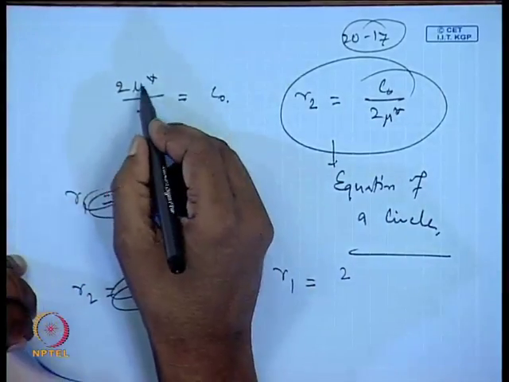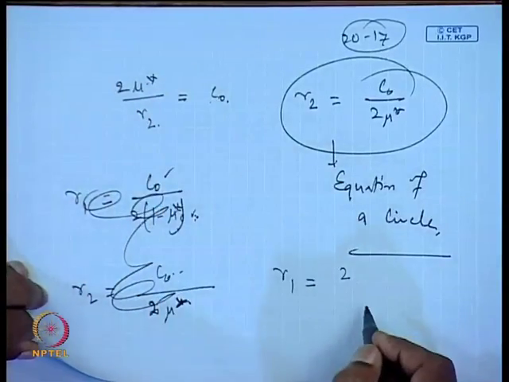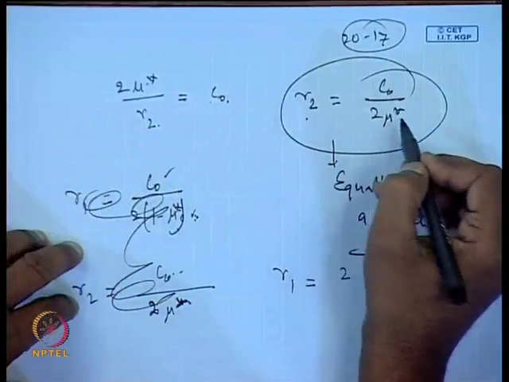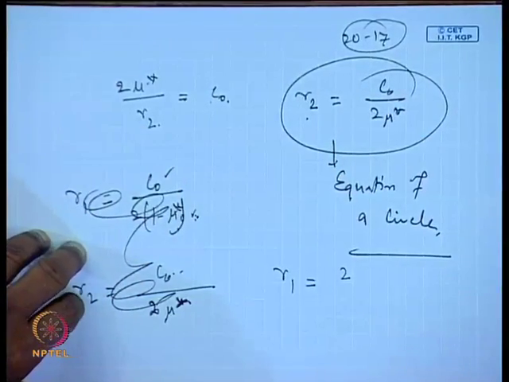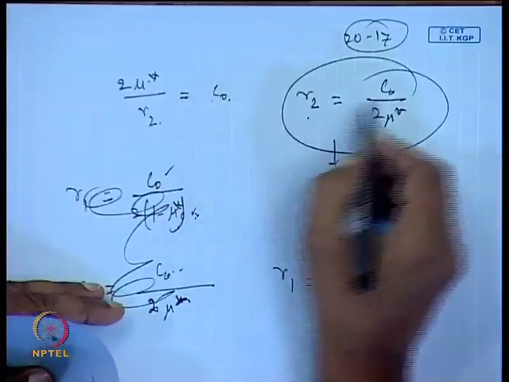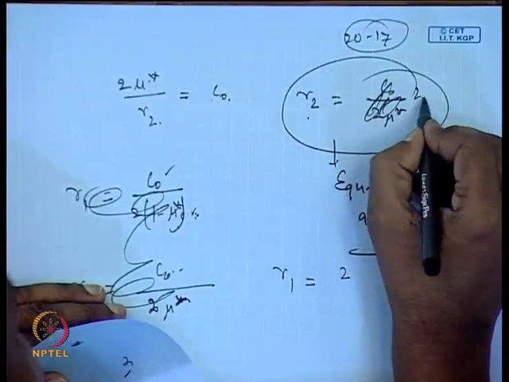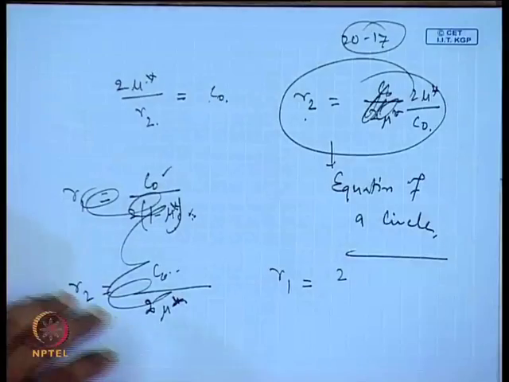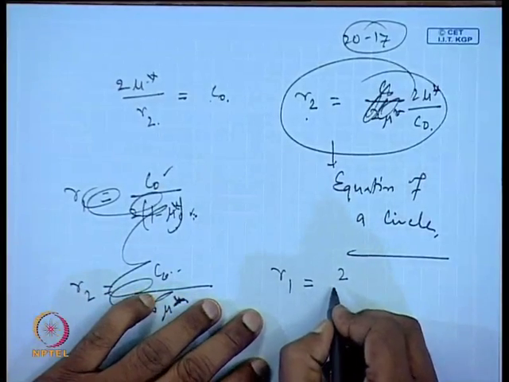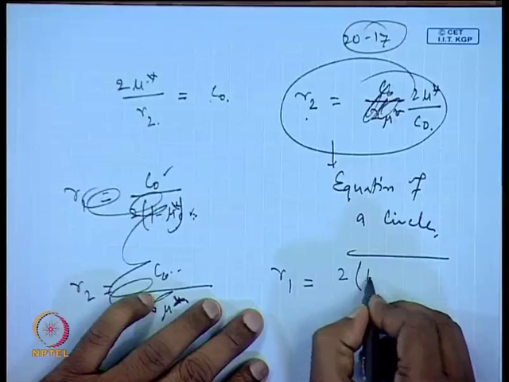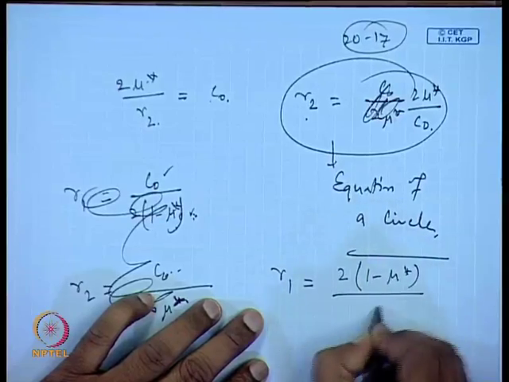So, here 2 times mu star by R 2 becomes equal to C 2, and therefore, R 2 is equal to C 0 by 2 times 1 minus mu star. R 2 is equal to 2 times mu star by C 0. Okay. And R 1 we have written as 2 times 1 minus mu star by C 0.